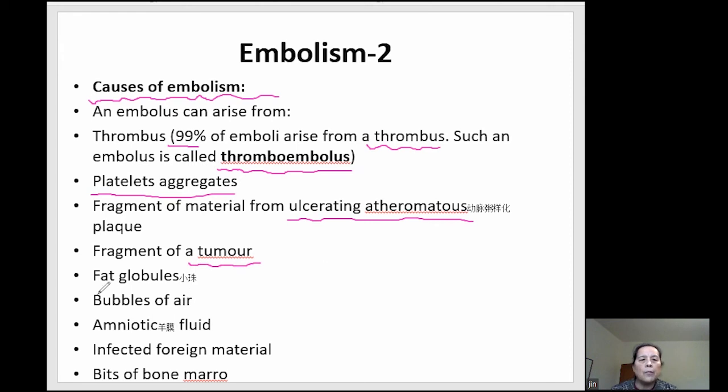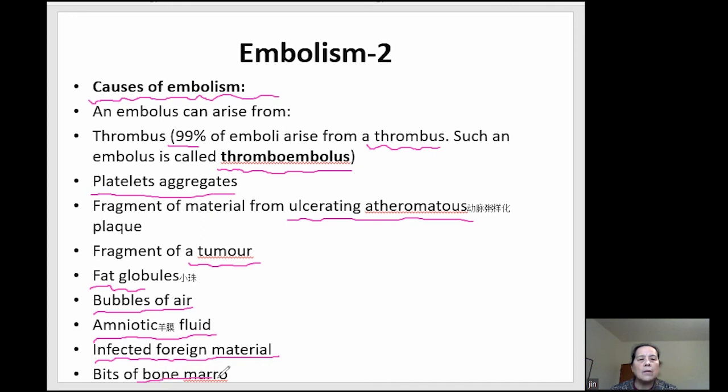And also small pieces of fatty tissue, some gas by accident, and during baby delivery, some fluid coming from the uterus, and also some infectious material in the blood circulation, and maybe some bone marrow.